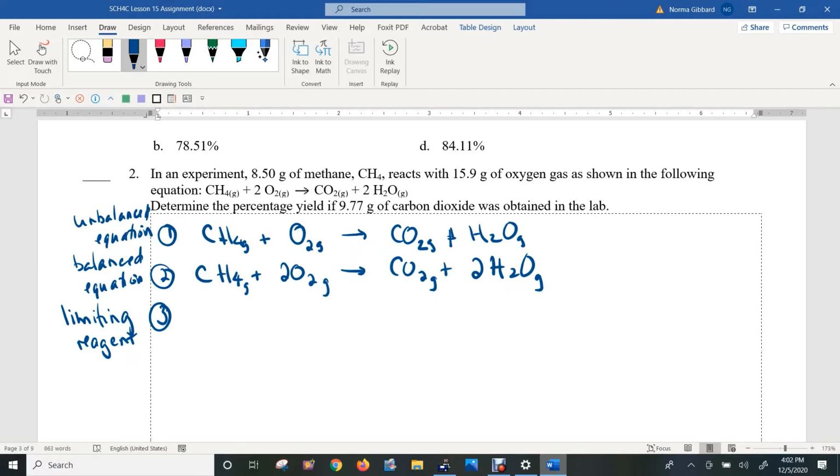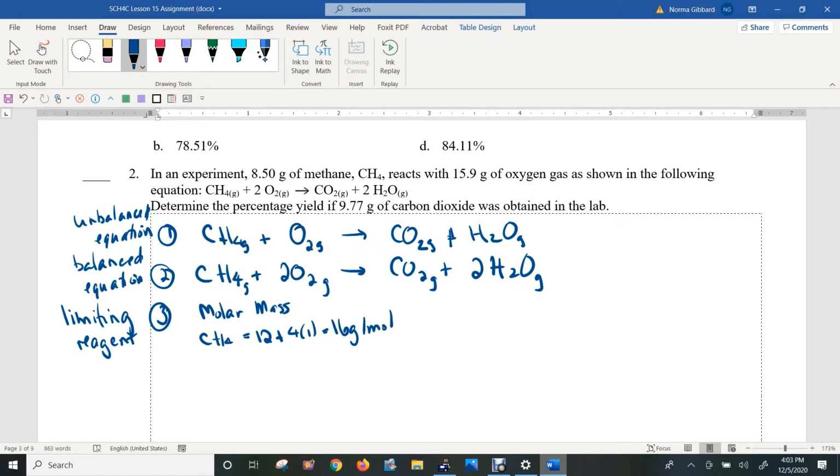Okay, now we want to take the molar mass of CH4, and that's going to be 12 plus 4 times 1 to equal 16 grams per mole.